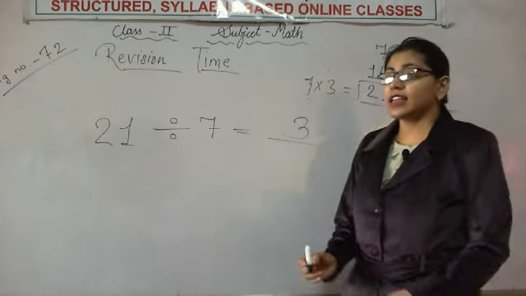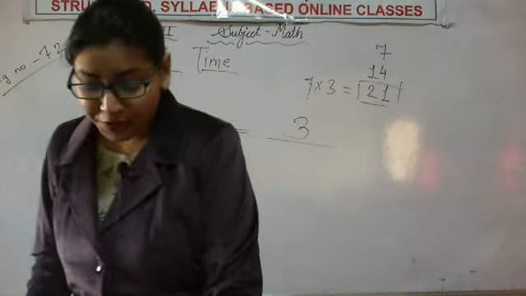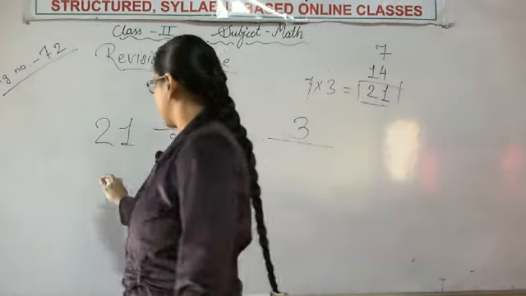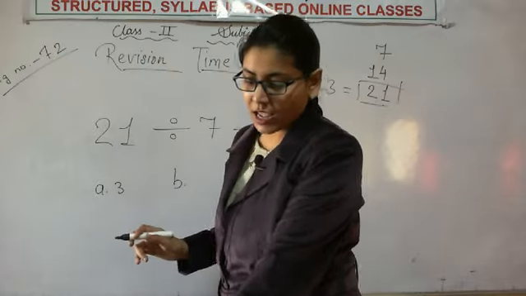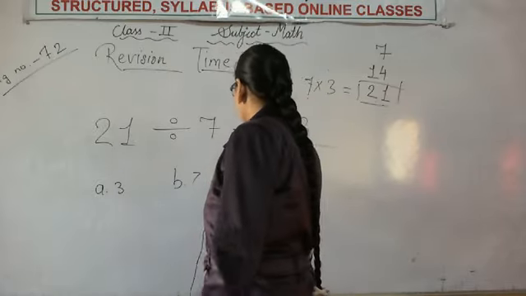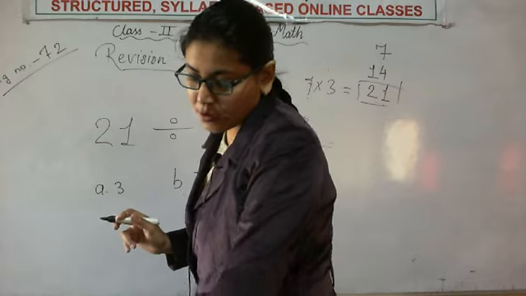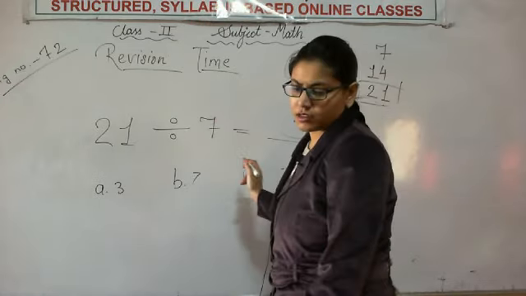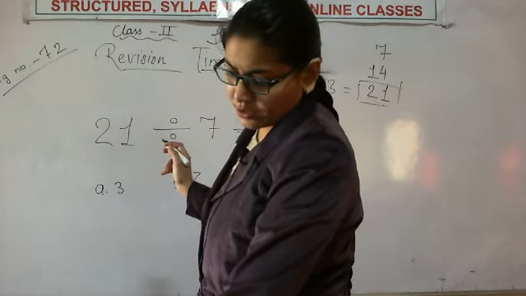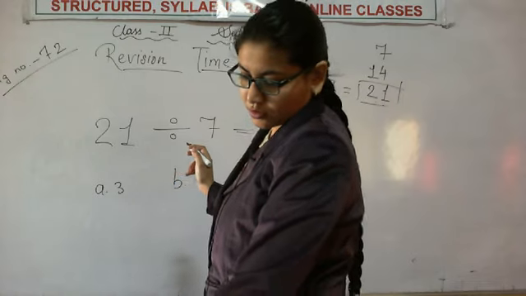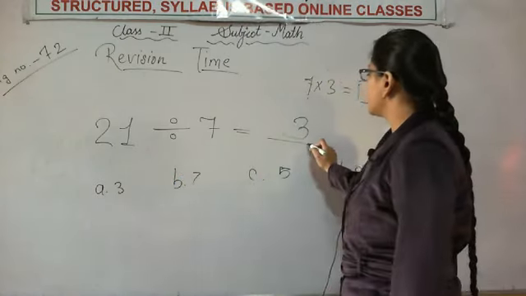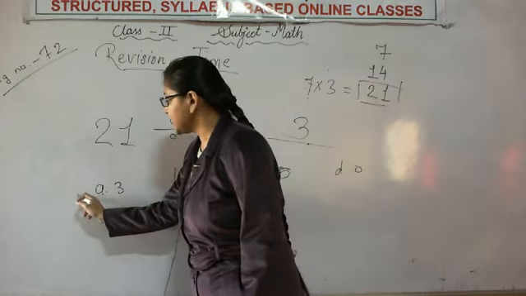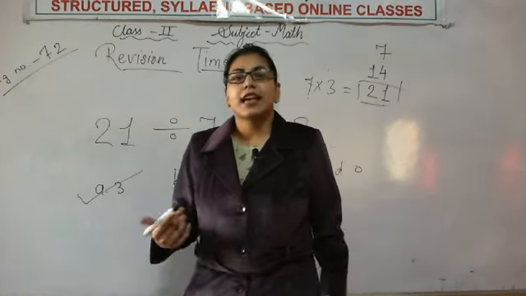So let's see the options. Option A, 3. Option B, 7. Option C, 5. And option D, 0. Yeah, so 3 is the right answer. It means option A is correct one.